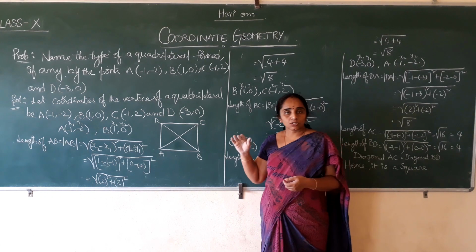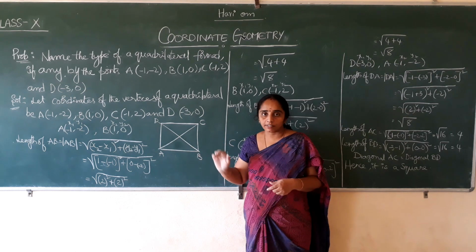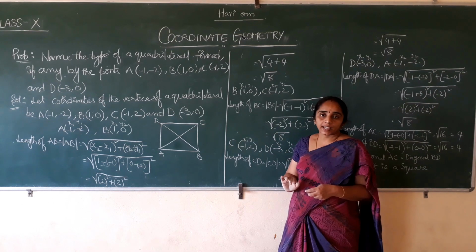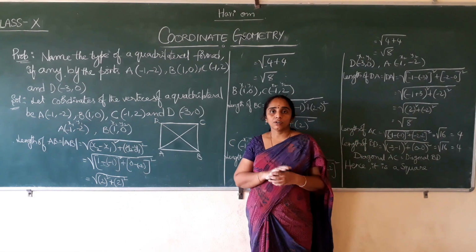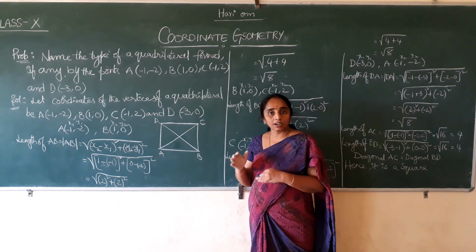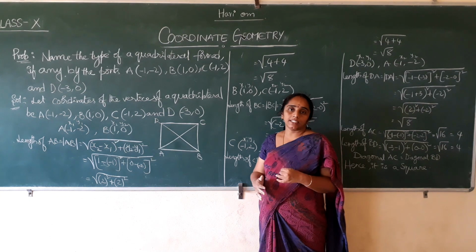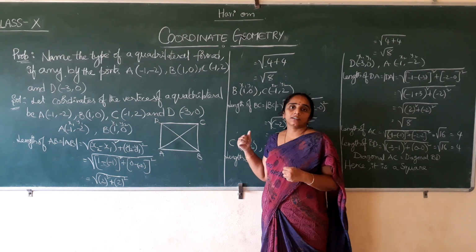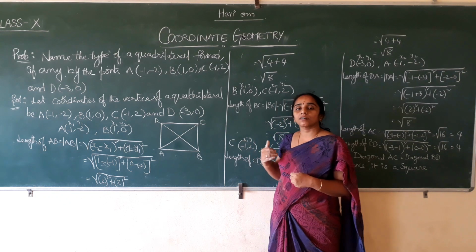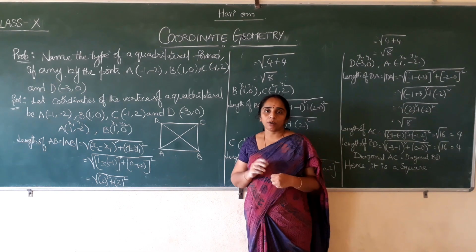And in square, four sides, all the sides are equal. Diagonals are also equal. Whereas in rhombus, four sides are equal, but diagonals are not equal. So, if any quadrilateral follows these properties, from that properties we can conclude which type of quadrilateral is formed.